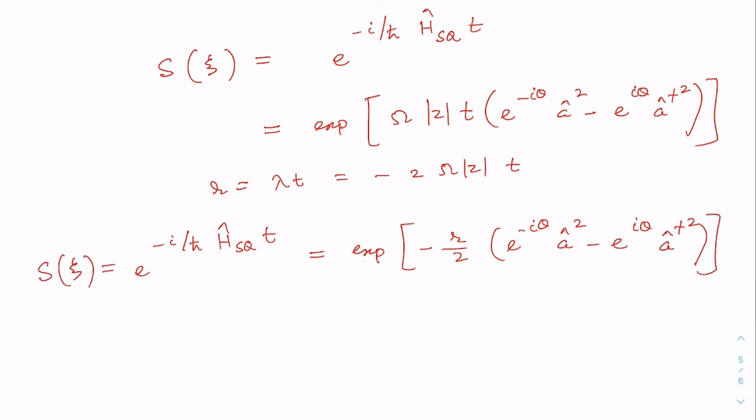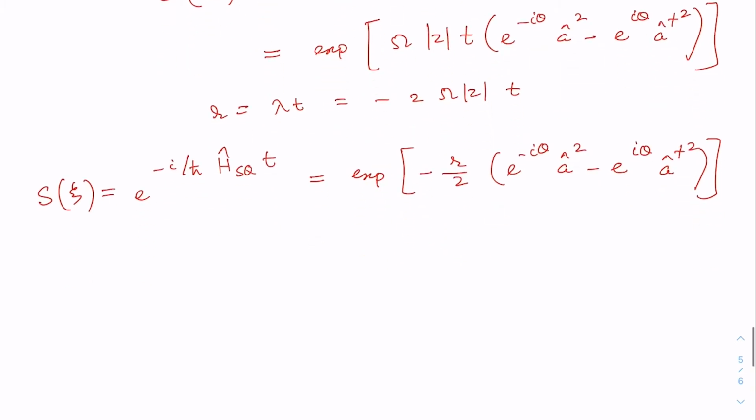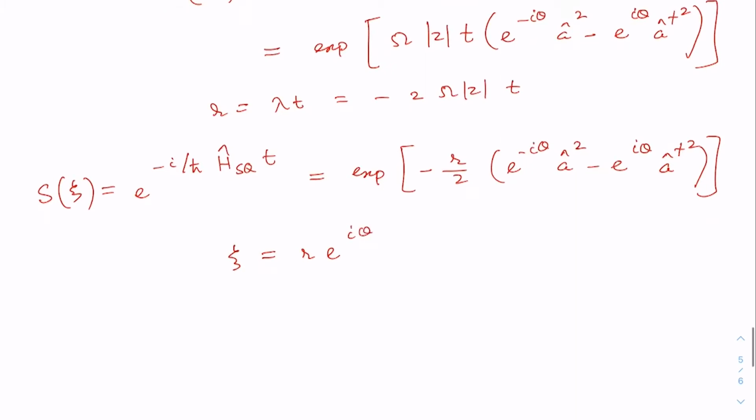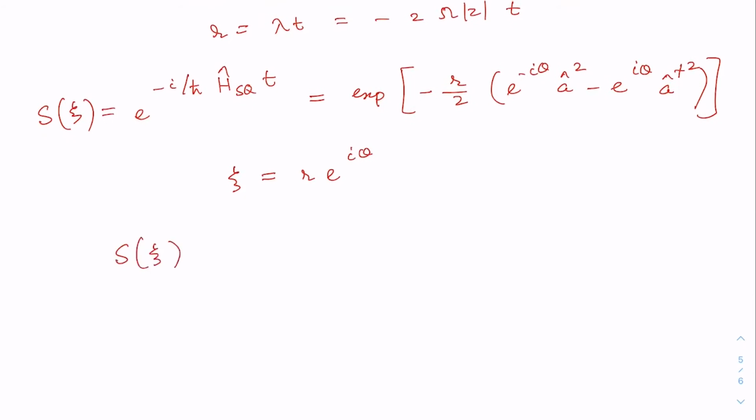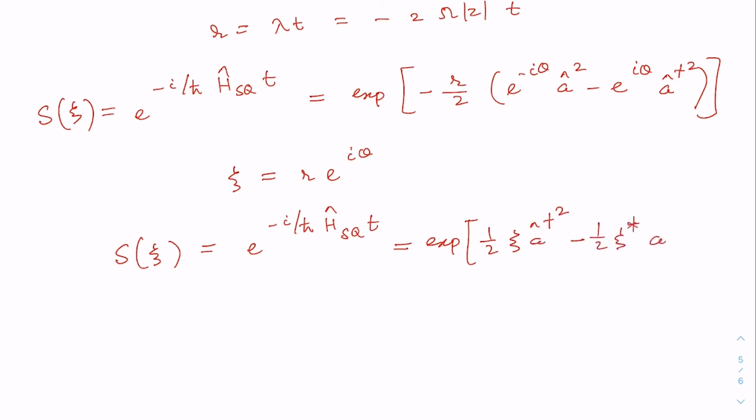And therefore if I now define a quantity xi is equal to r e to the power i theta, then I can write the operator in the very familiar form, exponential half xi a dagger square minus half xi star a square.